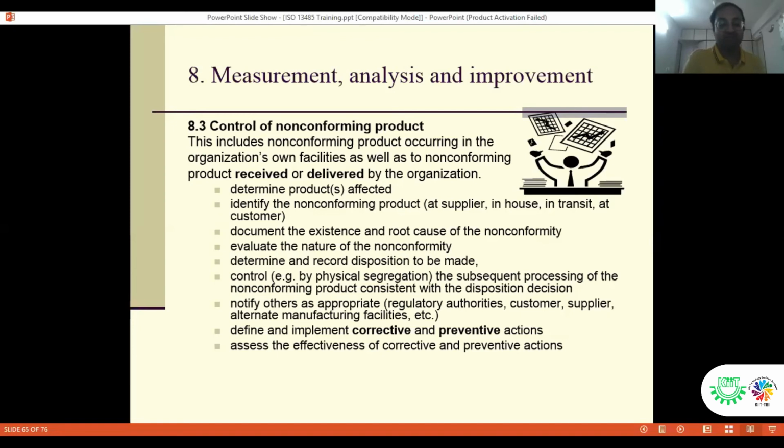So there should be a well-defined system to demarcate the difference between a conforming and a non-conforming product. And accordingly, you have to carry out the CAPA for your devices.